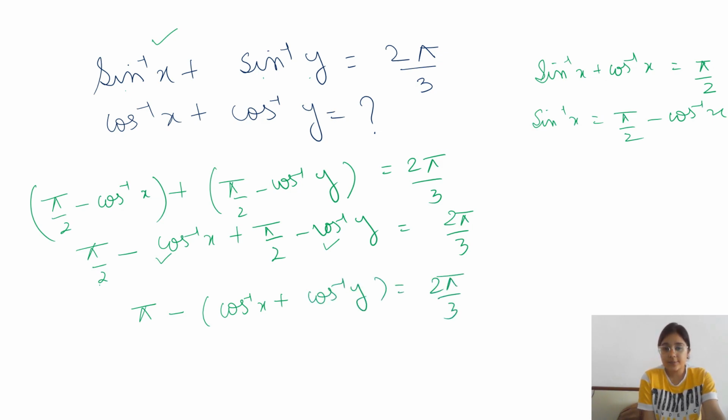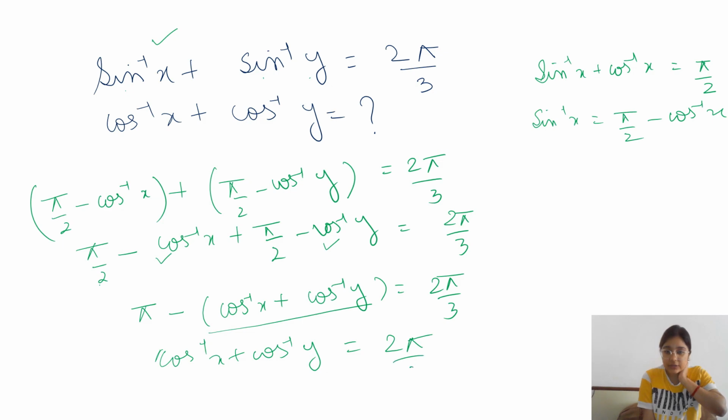So when I transpose cos inverse x plus cos inverse y with a negative sign, it will become positive, and this 2 pi by 3 will come here.